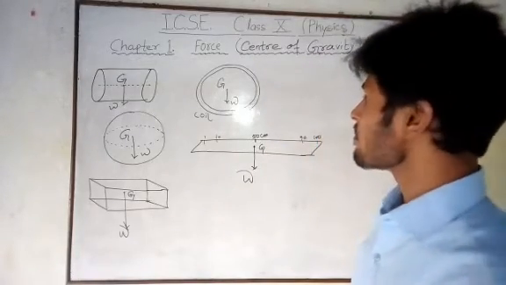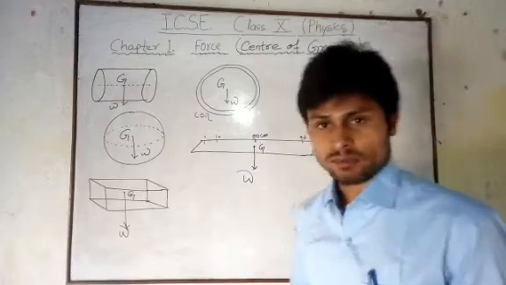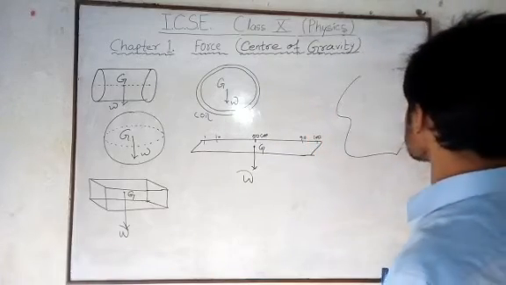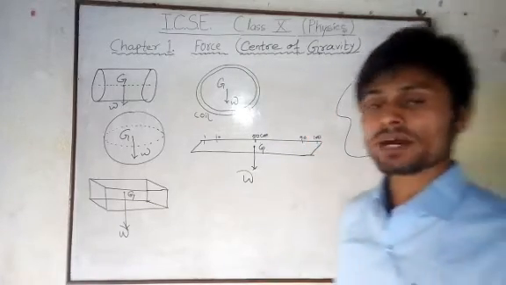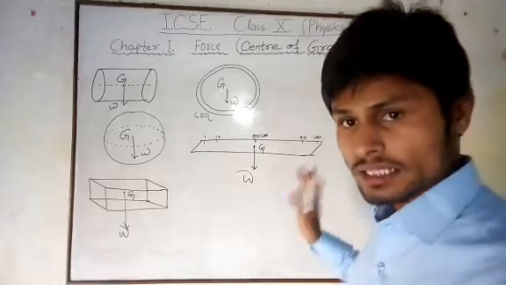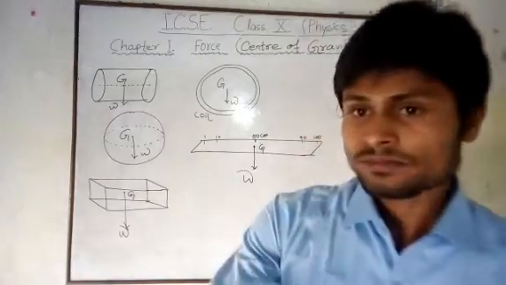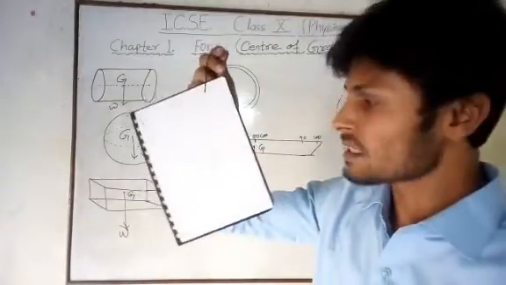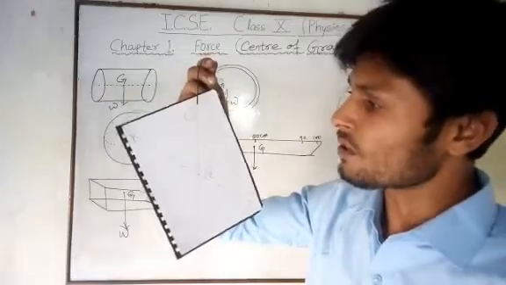Now if we have any irregularly shaped body like this one, how can we find out its center of gravity? Let me show you. This is an activity that you can do at home.